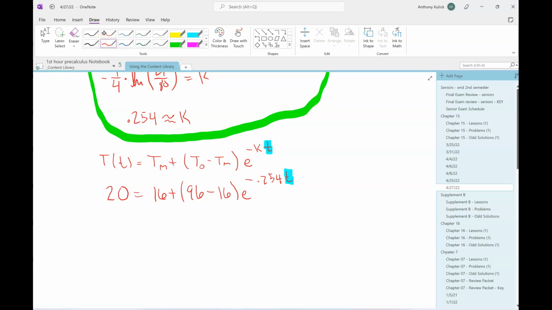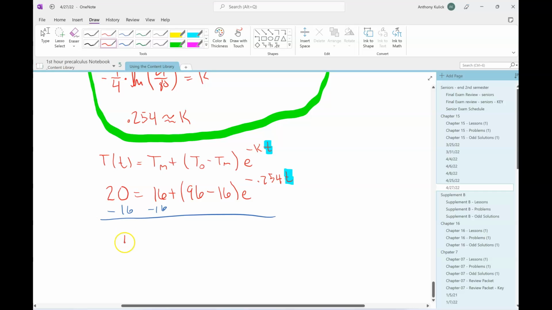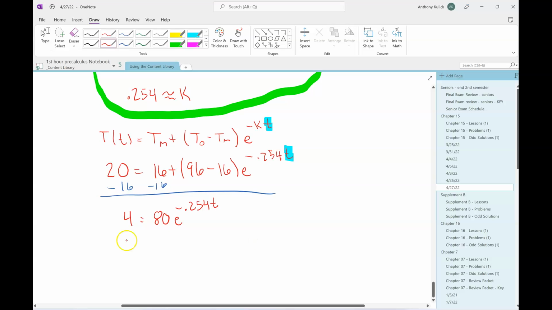So we'll start by subtracting the 16 from both sides. I simplify the 96 minus 16. I'll divide both sides by 80.